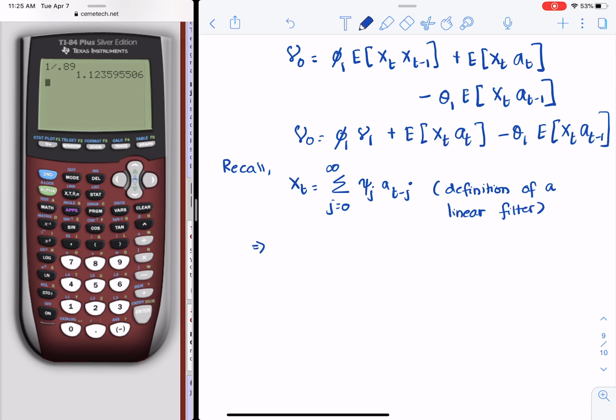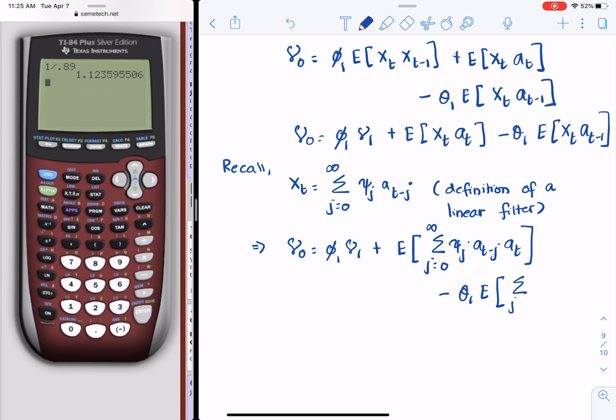Which would imply gamma naught is equal to phi 1 gamma 1 plus expectation of sum j equals 0 to infinity psi j a t minus j a t, minus theta 1 expectation of sum j equals 0 to infinity, x of t is getting replaced, so we would have psi j a t minus j times a t minus 1.